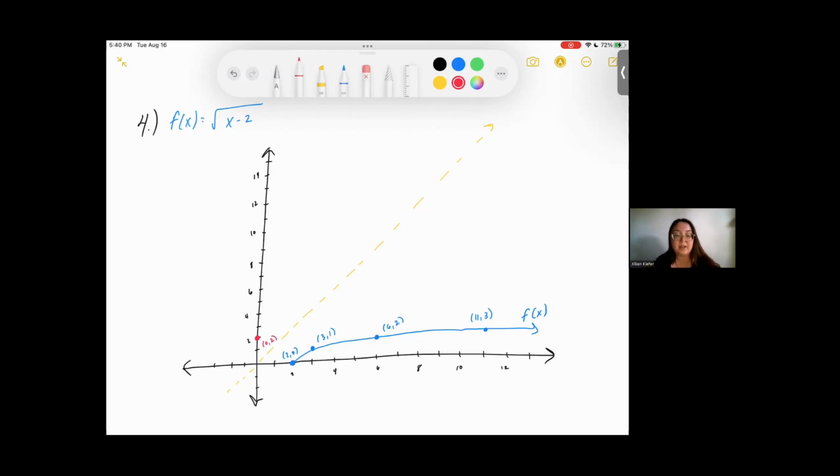Now our next point is (3, 1) on f of x. For f inverse of x, it will be (1, 3), so right about there. Then our next point, (6, 2), the point on f inverse is going to be (2, 6), so right about here.